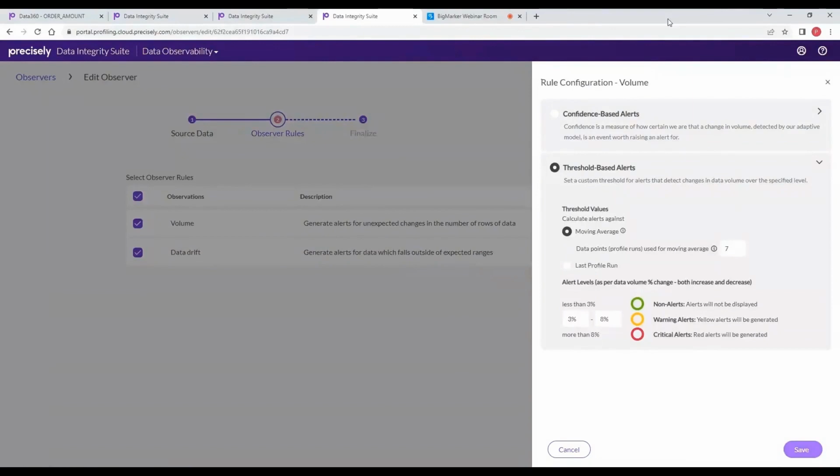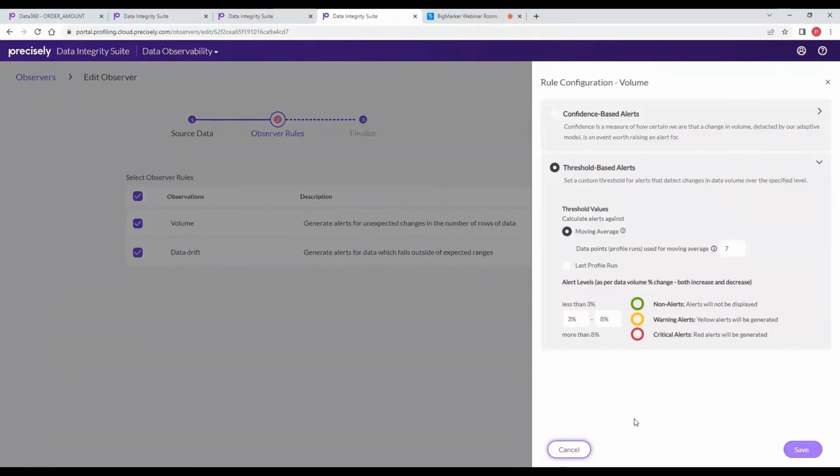And think of the example that we talked about. The number of orders that came in jumped from 10,000 to 18,000, an 80% increase, definitely alerted. But what if it was just 11,000? And I want to be alerted because I do not expect a 10% variation. I know my business has a threshold of 5%.